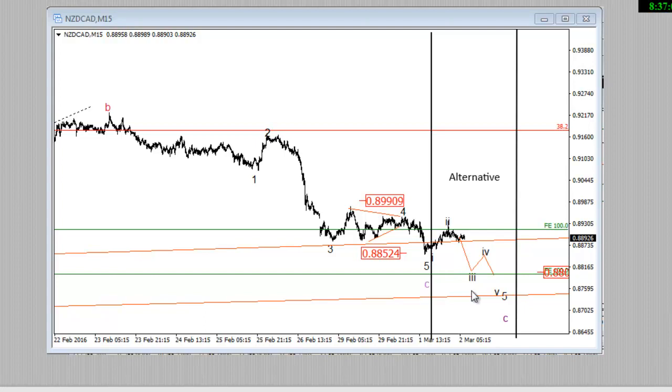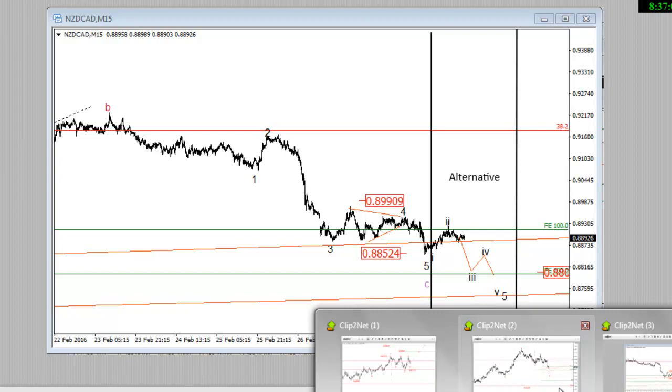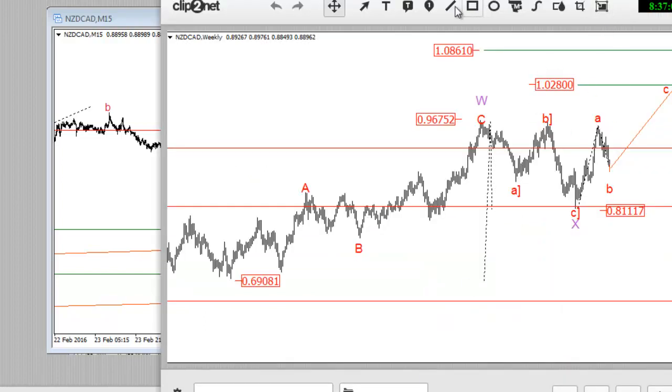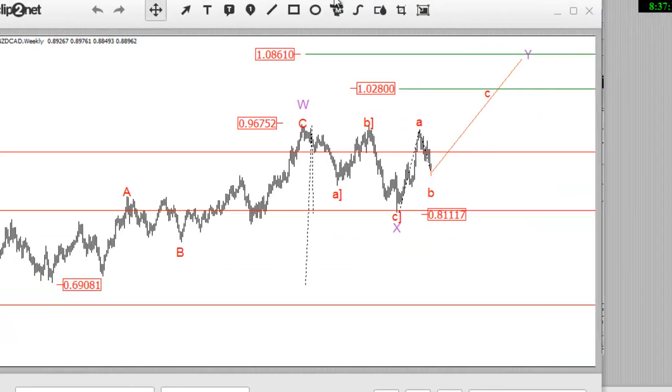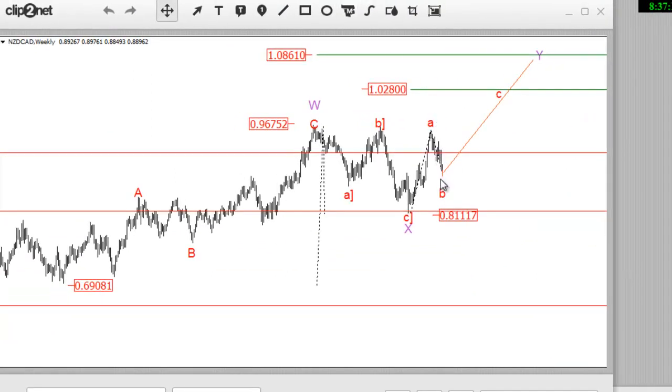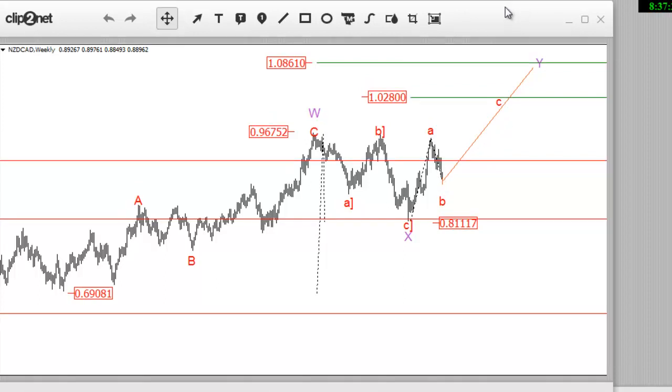Even if it goes below this level, I still don't think this is violated, because price can still go a bit deeper, probably to this point, before it starts moving out. So what we're going to do is reanalyze this B and see what price is actually doing by measuring the internal Fibonacci levels again, to know which is the next level for us to take trading opportunities.